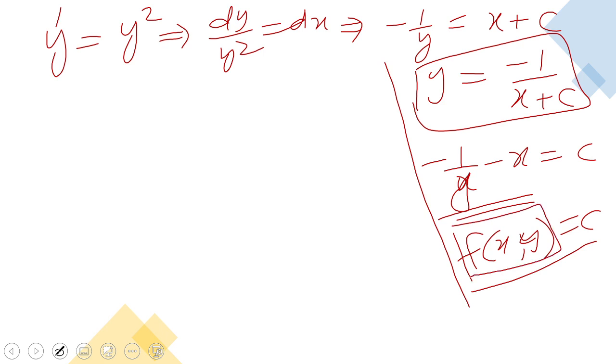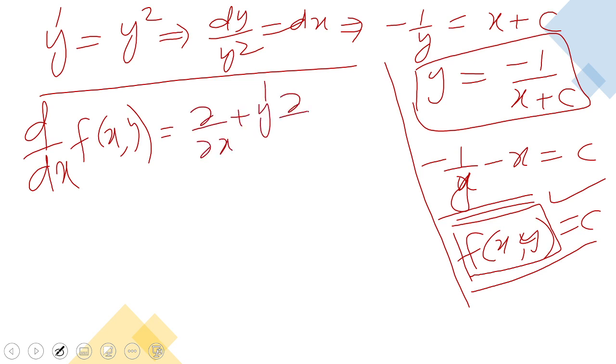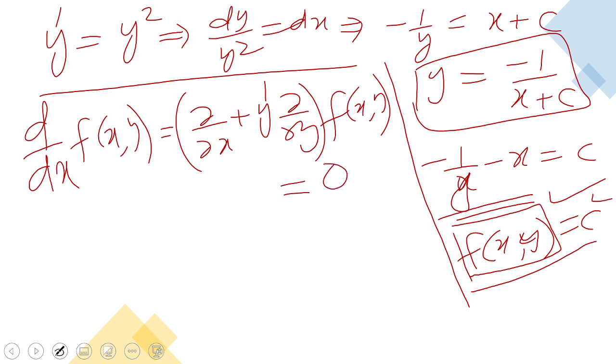A solution space f of x y, I operate the differential operator on the solution space, and you see it is in the other form. Operate on f of x y, and if it is a solution space, then it gives me 0, and that gives me f x plus y dash f y equal to 0, where y dash is y square.